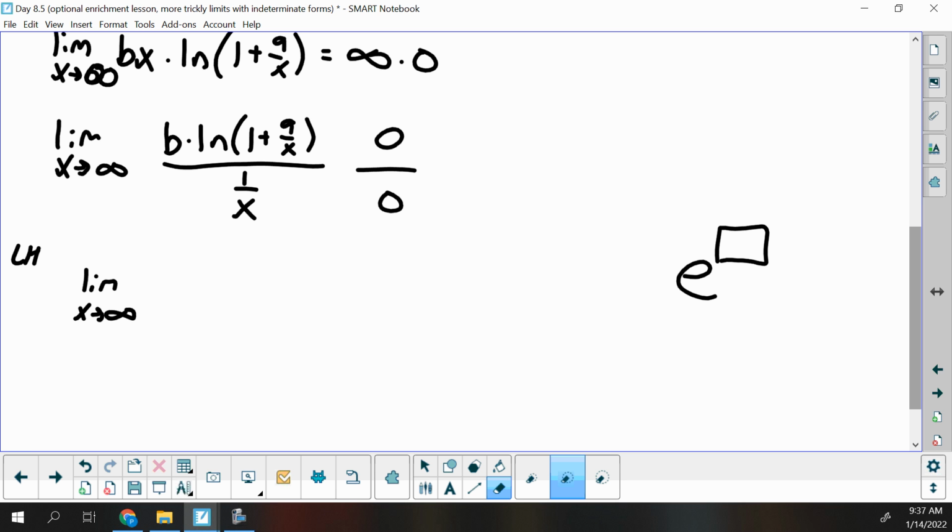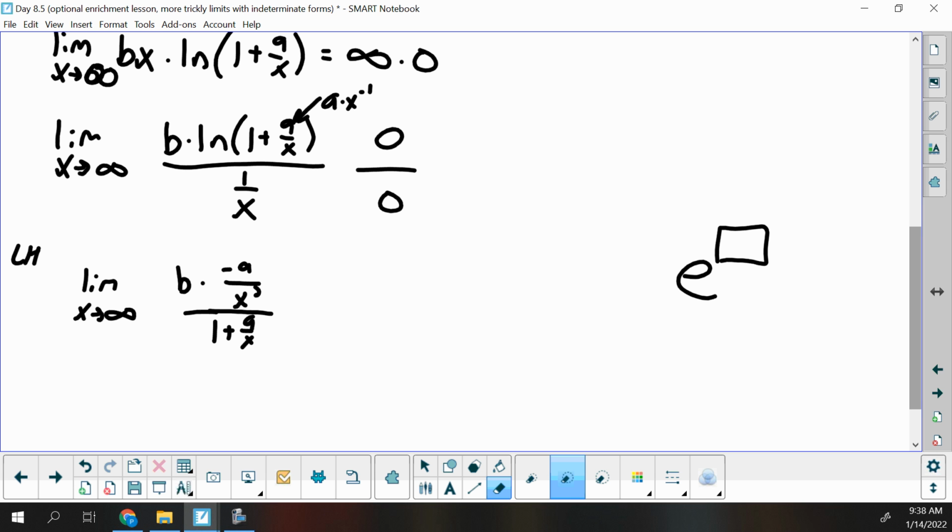So natural log's derivative is the derivative of the inside over the inside, and we've got that b out front that we'll just leave. So the derivative of 1 is 0, that's gone. This a over x, think of it as a times x to the negative 1. So we're going to have negative a times x to the negative 2, or in other words, negative a over x squared for our derivative, over the original inside, which was 1 plus a over x.